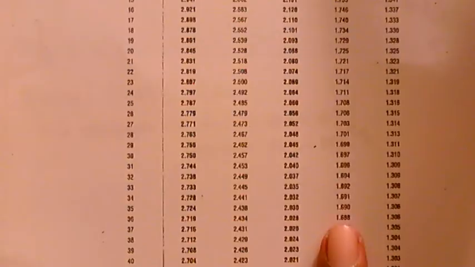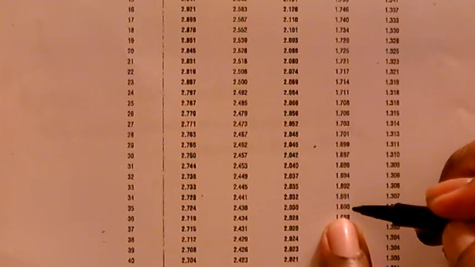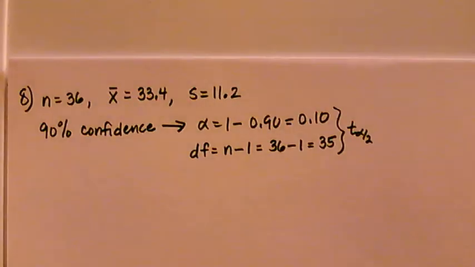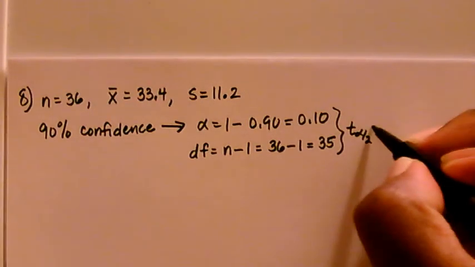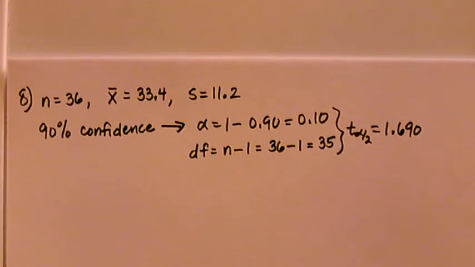And it's going to be this value, 1.690. Okay, you have to look under area in 2 tails for your confidence interval. Okay, go down and across, that'll be 1.690 under 35 degrees of freedom. So t of alpha over 2 is 1.690.